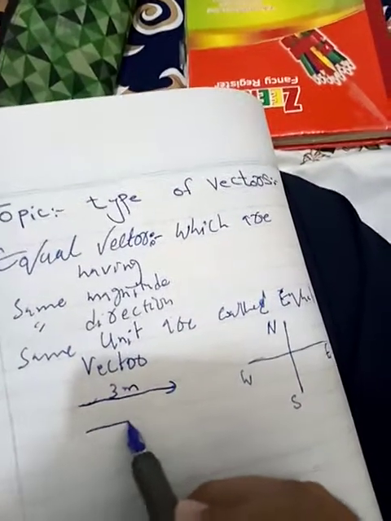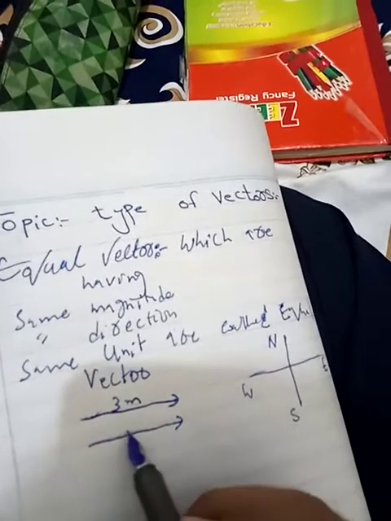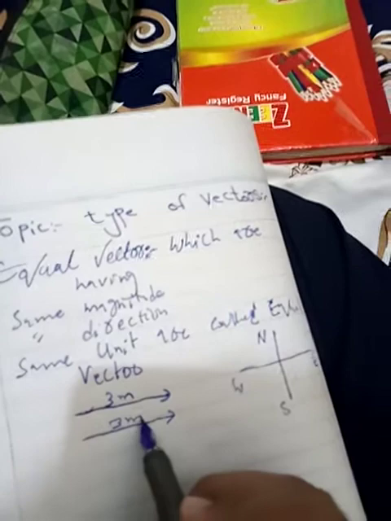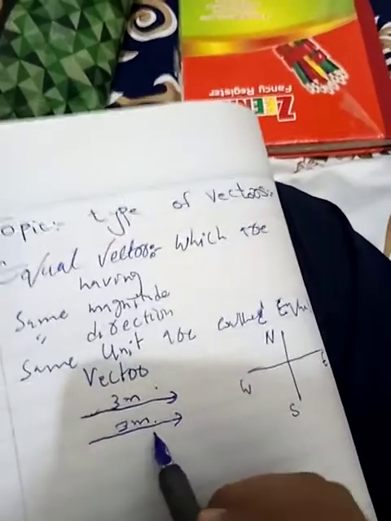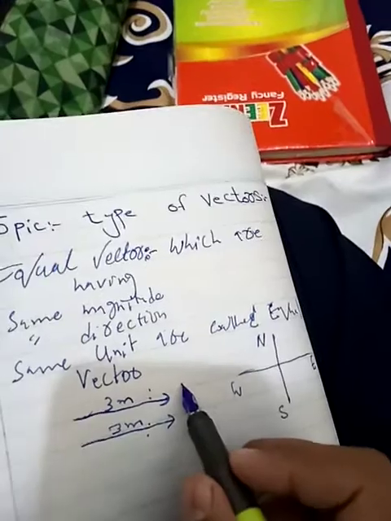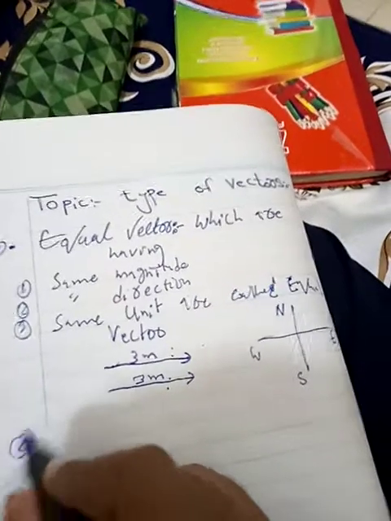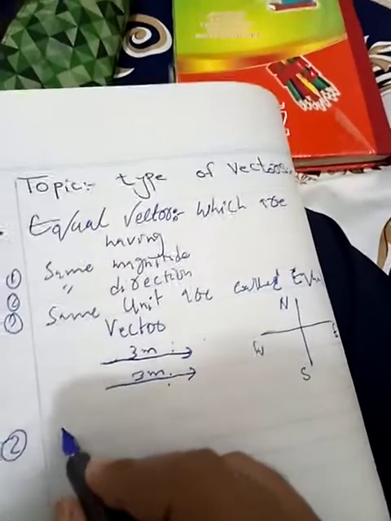This one will also move towards east, and the unit will be 3 meter. So here the magnitude, unit and direction are all the same. So this is called an equal vector. Now the second vector is the parallel vector.